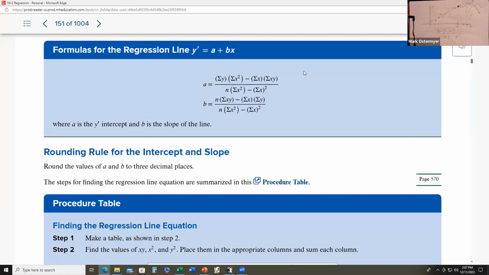For that reason, the lin-reg function circumvents the drudgery of using these normal equations here. But there they are. And so I will open up section 10.2 on linear regression. Also, I might give you a question or two out of 10.3 regarding the coefficient of determination R squared. But there's not going to be too much homework coming from 10.3. The bulk of it's going to be from 10.2.